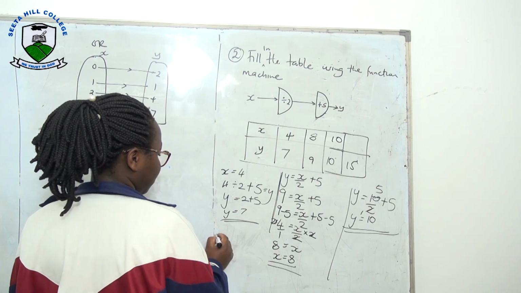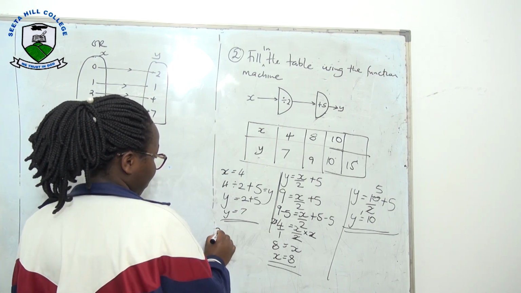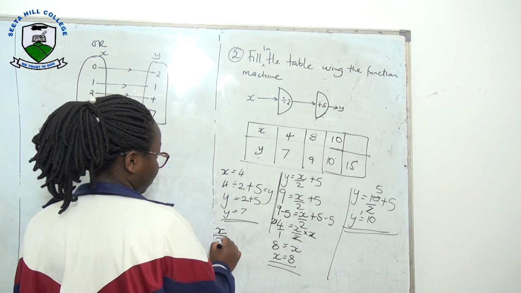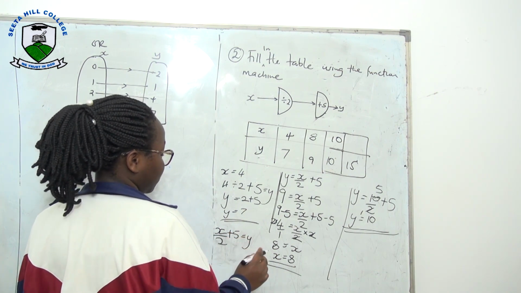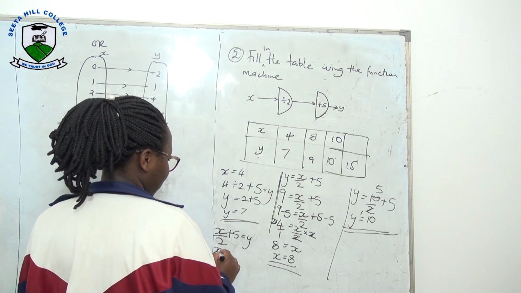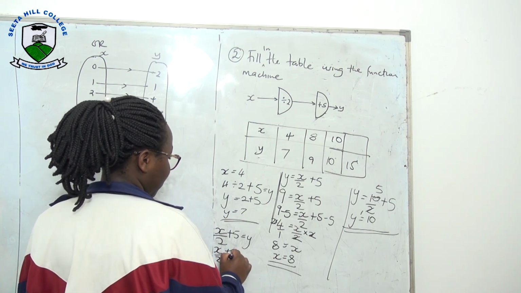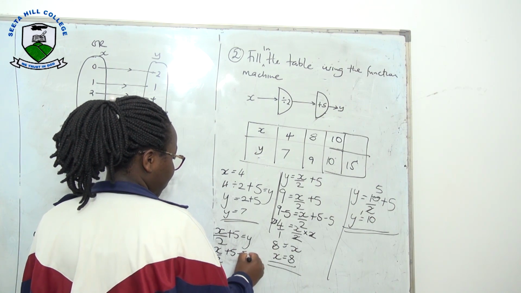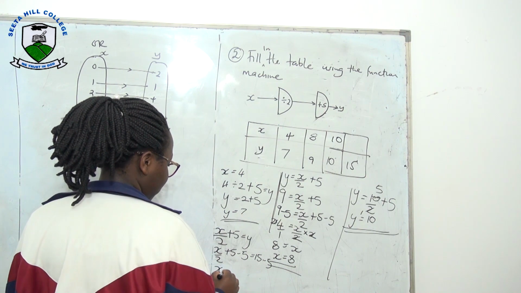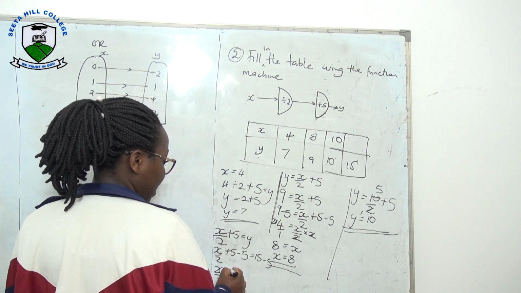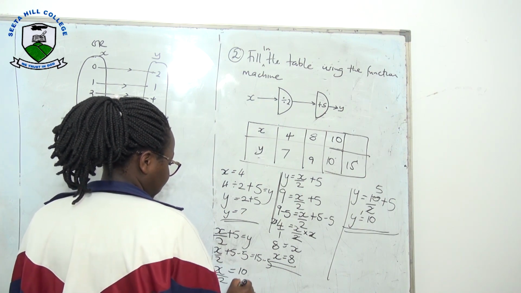And then finding for x, it will be x out of 2 plus 5 is equal to y, 15. So meaning x out of 2 plus 5 minus 5 is equal to 15 minus 5. So x out of 2 is equal to 10.